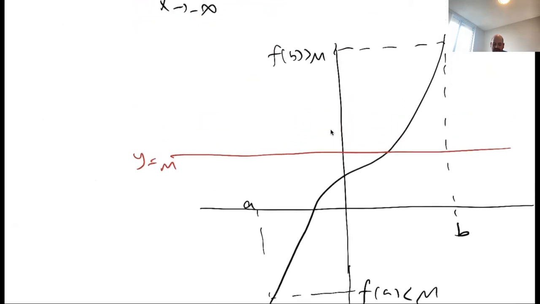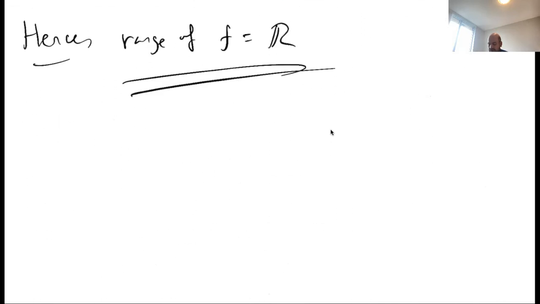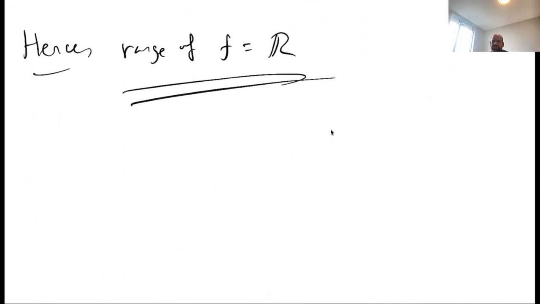And by IVT, because the function is continuous, the function must cross the line at some point c. So m must be equal to f of c for some c, which means m must be in the range. Every real number must be in the range. So the range of this function must be the set of all real numbers.